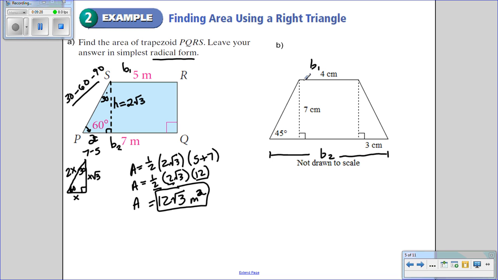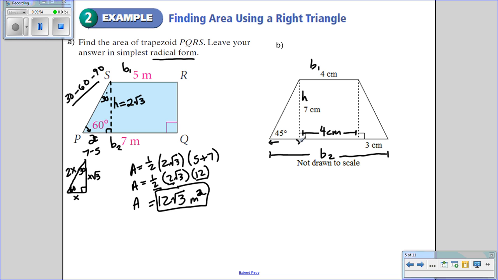I do know that base 1 is 4, and since these are right angles, that means this is also 4 centimeters between these dotted lines. I know 7 is the height. So I've got base 1 and the height. This time I need to figure out what base 2 is. To do that, I need to figure out what this little length is right here.